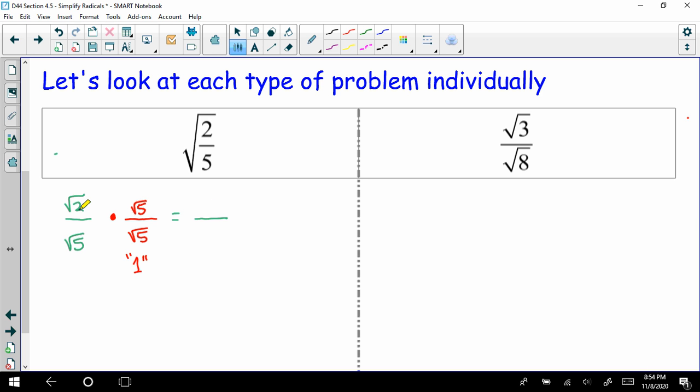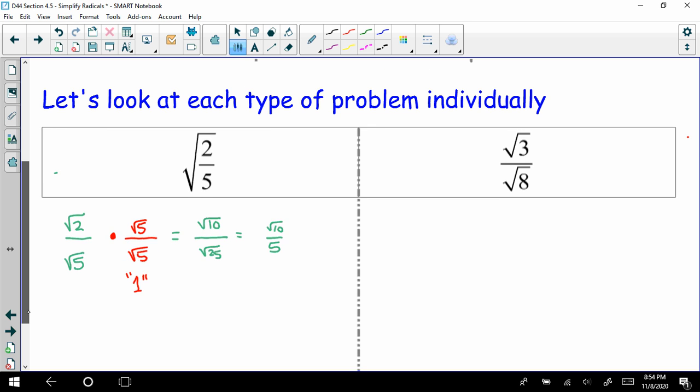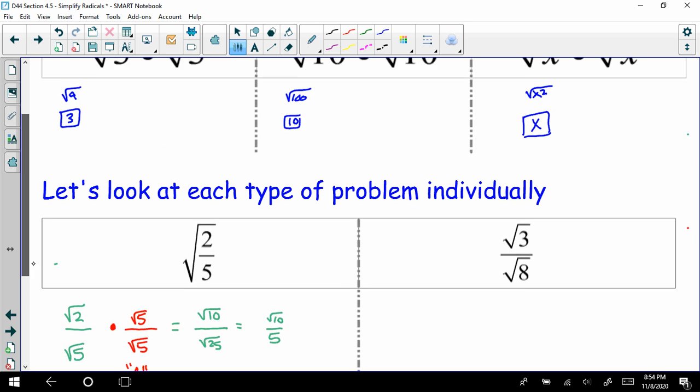So go across the numerators. Radical 2 times radical 5, that is radical 10. Go across the denominators. Radical 5 times radical 5. Now, technically, that's radical 25. But that is a perfect number, and its final answer is 5 down there in the denominator. So let me pause for a minute. That denominator procedure, when you take a radical value times itself, that same quantity, then that number ends up being the final simplified answer.